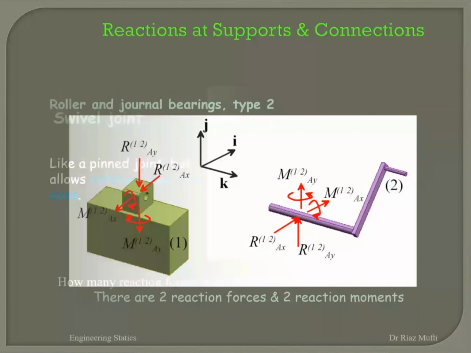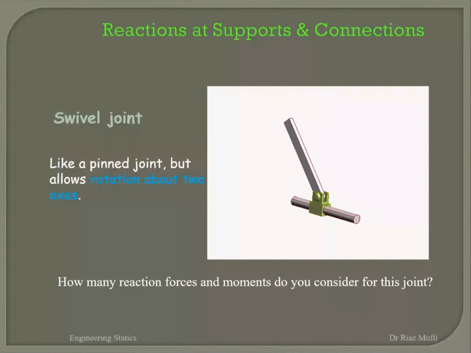Let's look at this one. How many degrees of freedom? 2. Okay. 3. And it's got 3? You got 3 or 2? Is it rotating in 2 directions? So it can rotate only along 2 axes. So we've got 2 degrees of freedom.